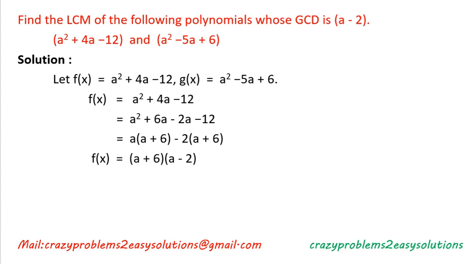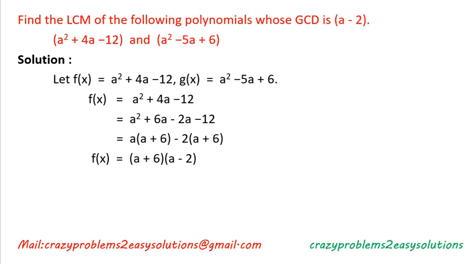We then split the middle term: a square plus 6a minus 2a minus 12. In the first two terms, a is common, so we take a outside: a into a plus 6.